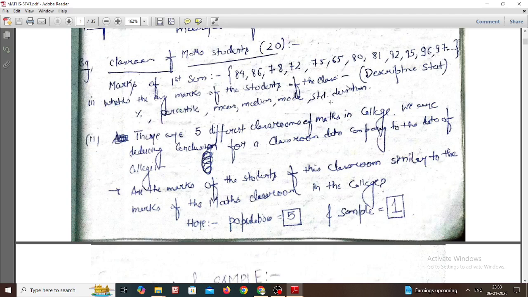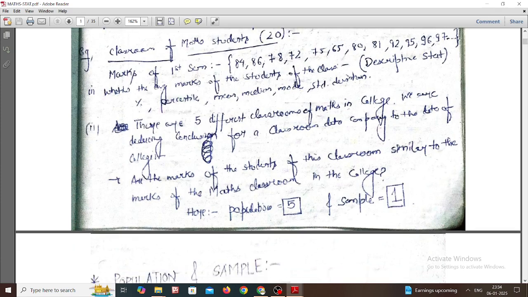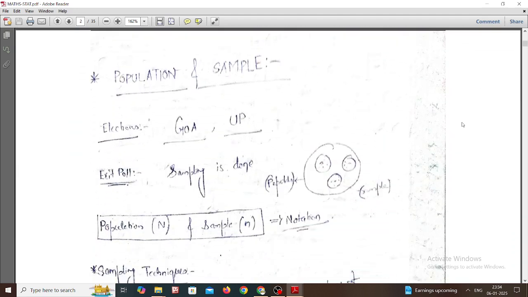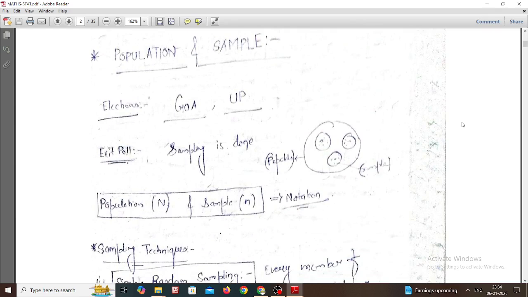Inferential statistics is what? We have to arrive at a situation where we gain knowledge about a sample, and from there we try to have an idea of that sample, and we predict to reach a conclusion for the entire population. So this is the example that we were taking, like elections happening for Goa, UP, and other states.